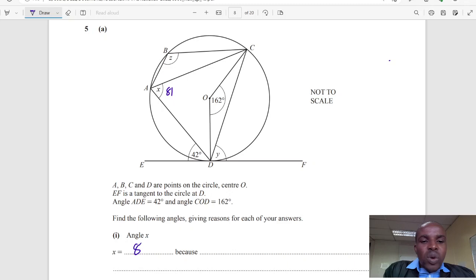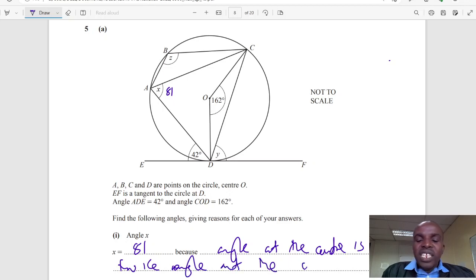So X is 81 degrees. Reason: angle at the center is twice the angle at the circumference.